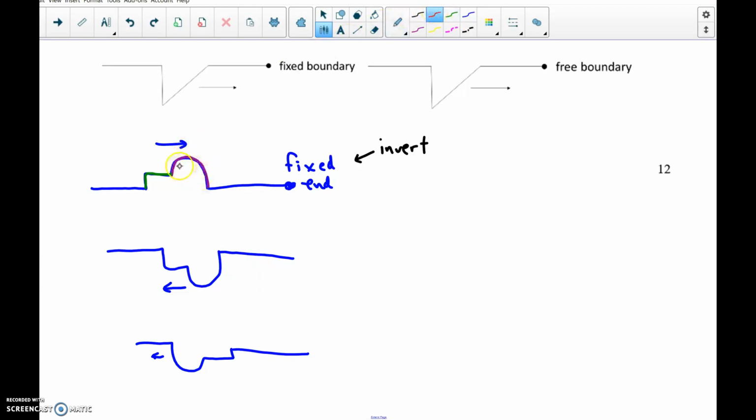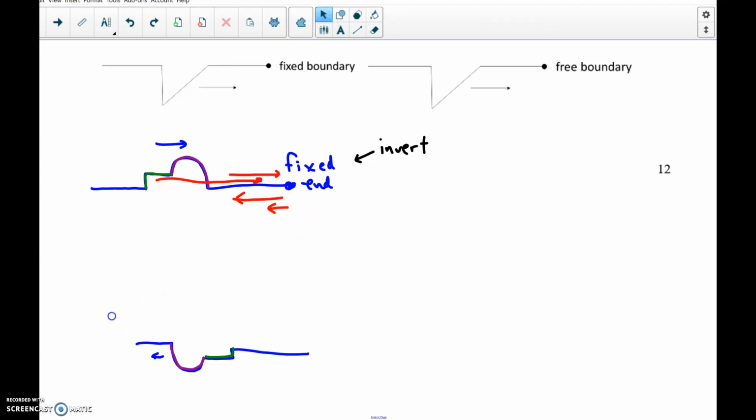The purple part right here, which is now also red, hits first, and it reflects first. The green part hits second, and it reflects second. So if the purple reflects first, then it stays out front in the lead, and the green part stays trailing behind. So that bottom picture, that's the one that's correct.